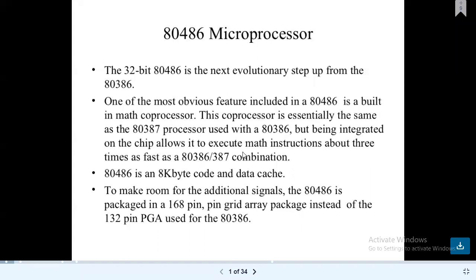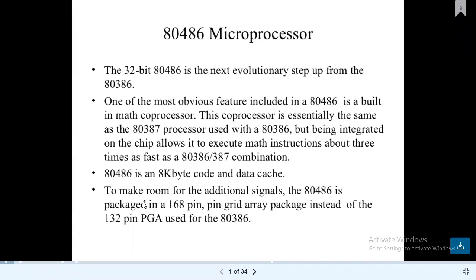This integrated chip allows it to execute math instructions about 3 times faster than the 80386 and 80387. So the 80486 has more advantages over the 286 and 386.